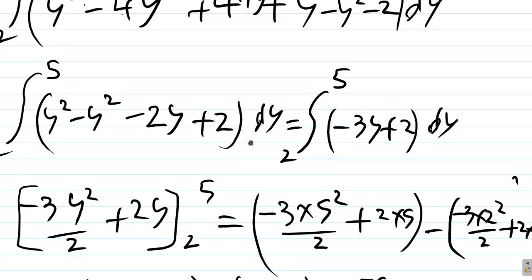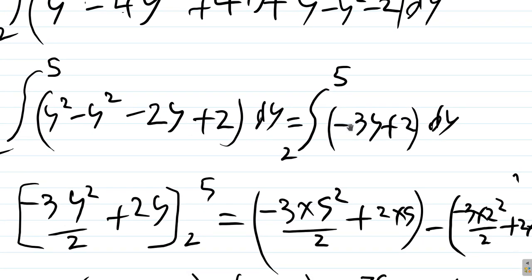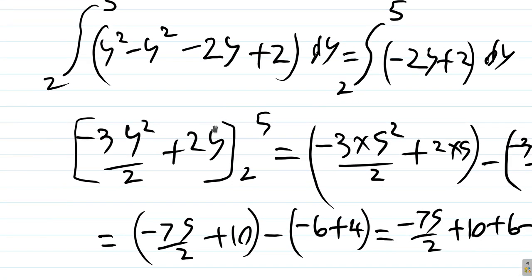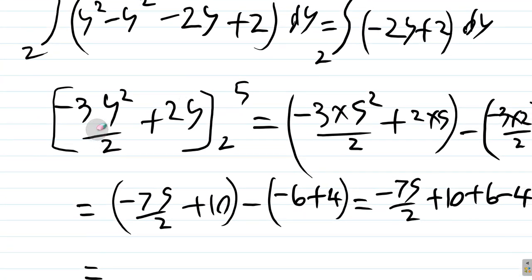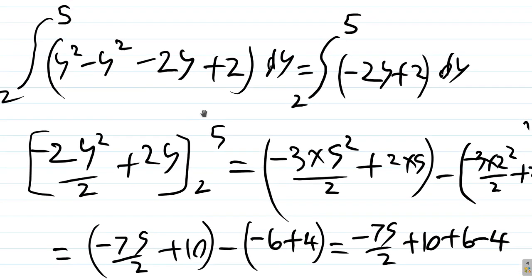So what we would have is negative 2y plus 2. And then when you integrate now, negative 2y squared over 2 plus 2y from 2 to 5.